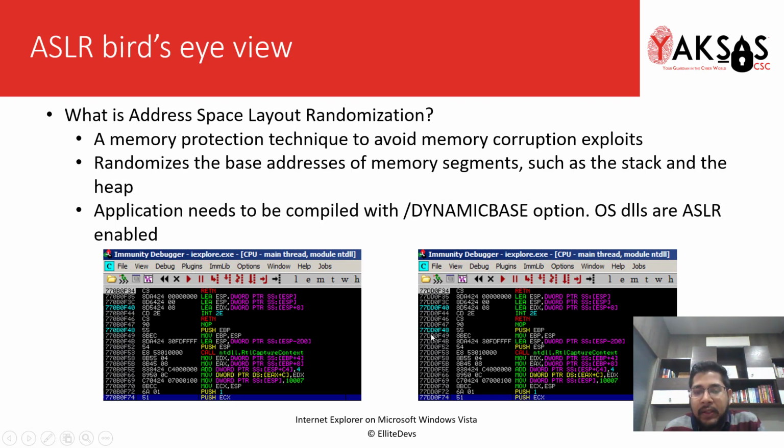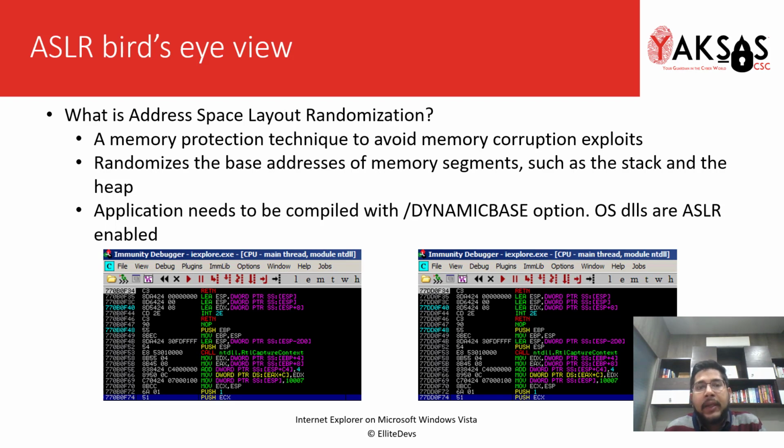Here, you see this address, 77DD0F08. So in both these screenshots, the second byte is different. Here it is 0B and here it is DD. Every time the operating system is started, this base address gets randomized. But there is a way to exploit it, which we'll cover in a while.